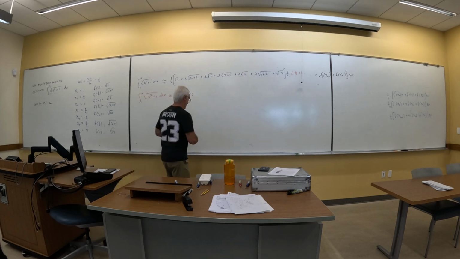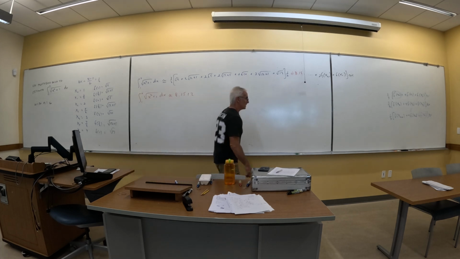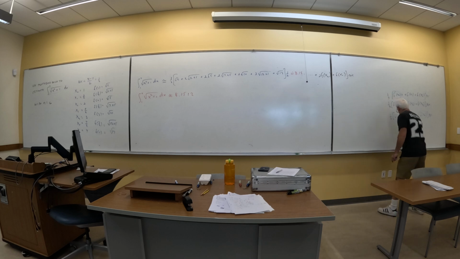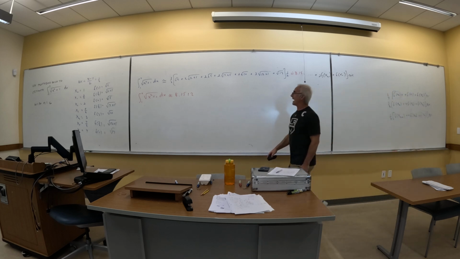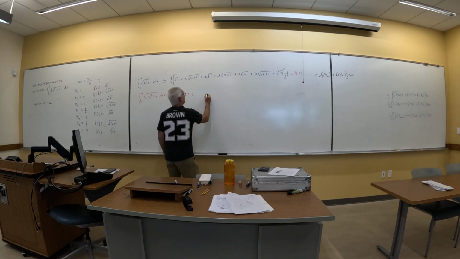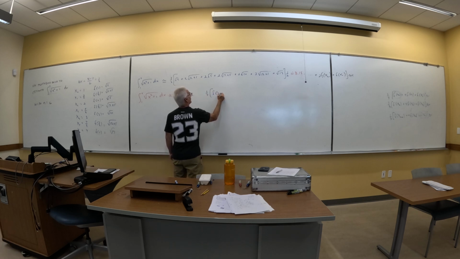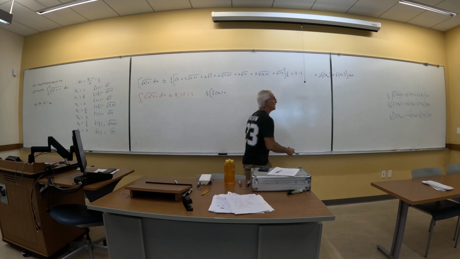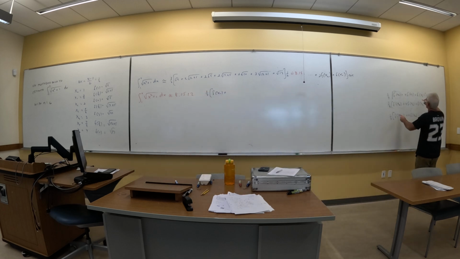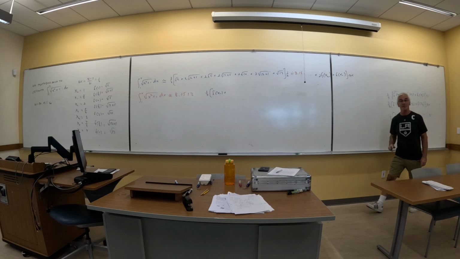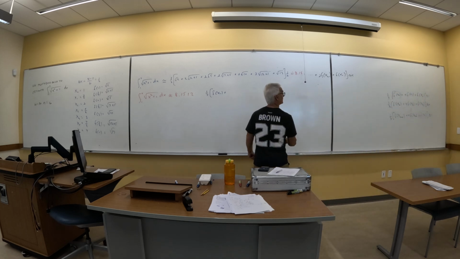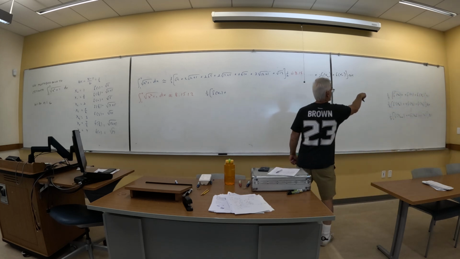Okay, so if I add these guys up, our next one looks like this. It's 1/3 f of x0. And when I add these up, the next one's f of x1.